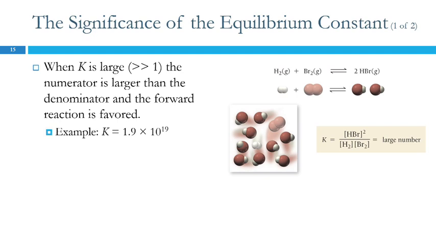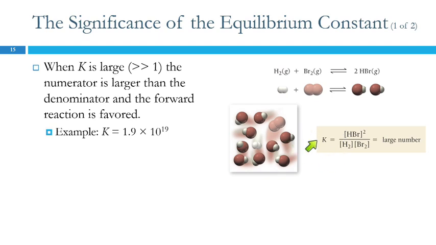Okay, so the significance or the meaning of the equilibrium constant. If K is large, and by large we mean a lot bigger than 1. Not like 5, but maybe like 5 times 10 to the 20th power. I mean, we're talking really big. If K is large, that means that the numerator is bigger than the denominator, right?